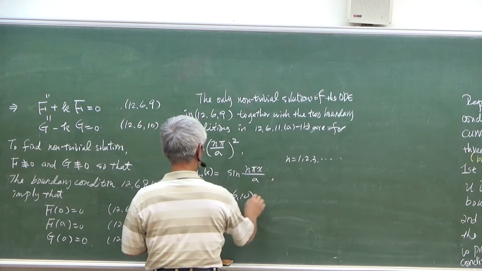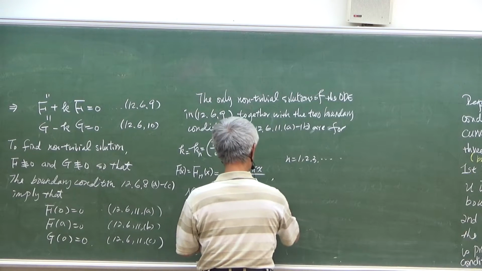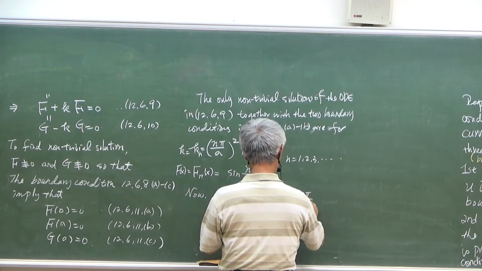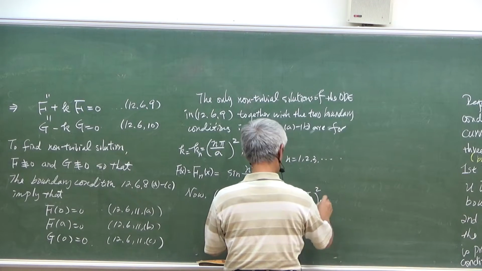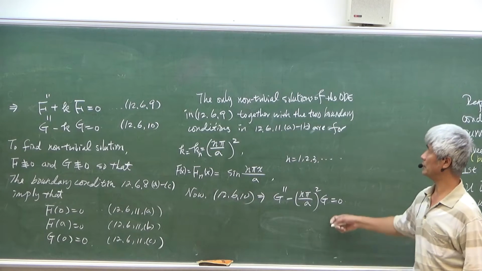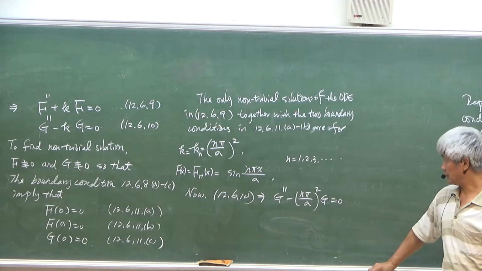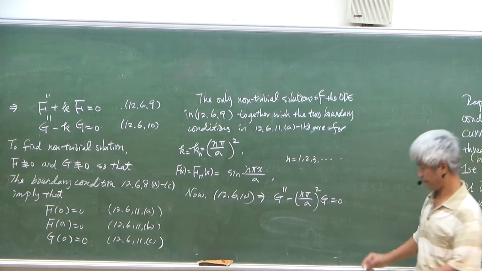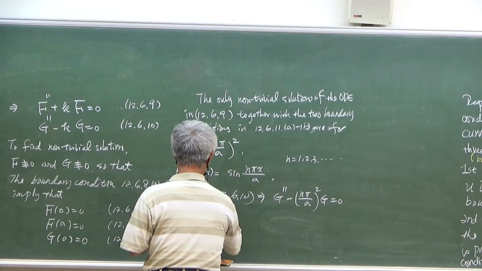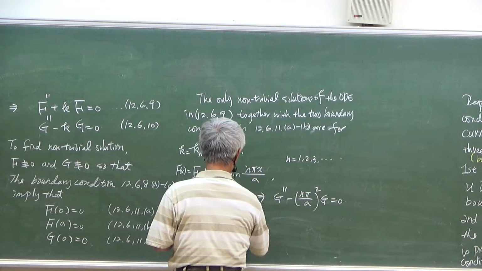Now 12.6.10 implies that we have g'' minus n pi over a squared g equal to 0. So now we have this second order ODE, which has a general solution.